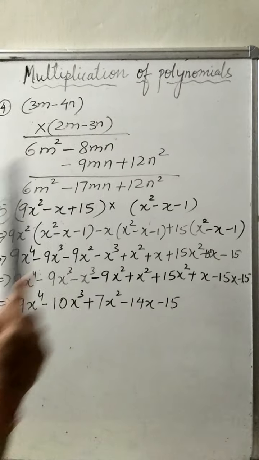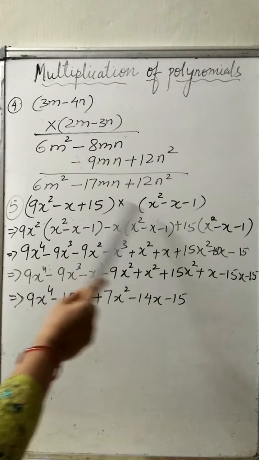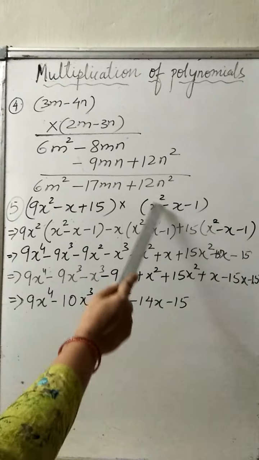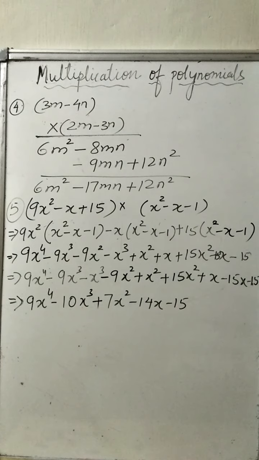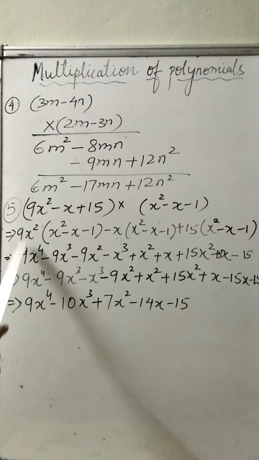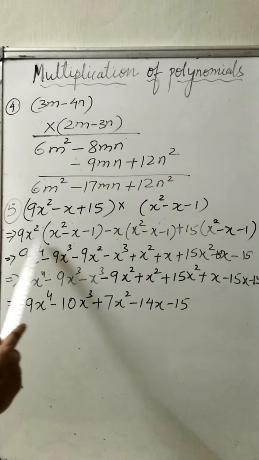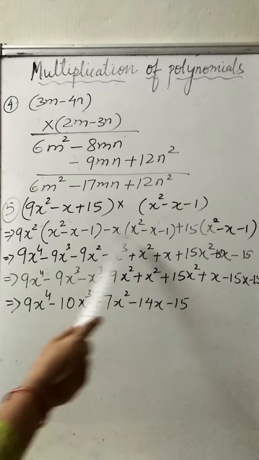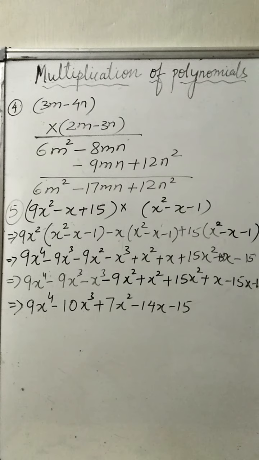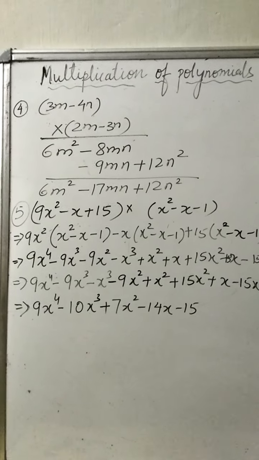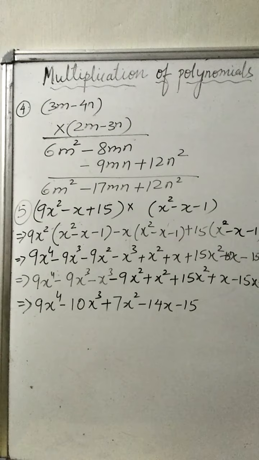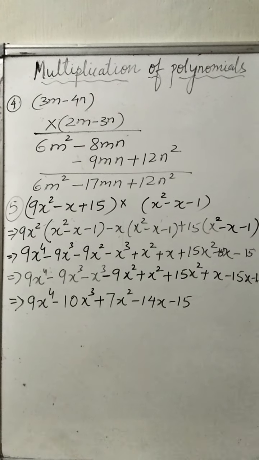Then again whole bracket. Then again plus 15, and again this whole bracket. And as I have taught you how to multiply monomial by a binomial or trinomial, likewise you need to multiply all. And just check the sign properly. If you make a mistake in putting the sign, then definitely you will get wrong answer.